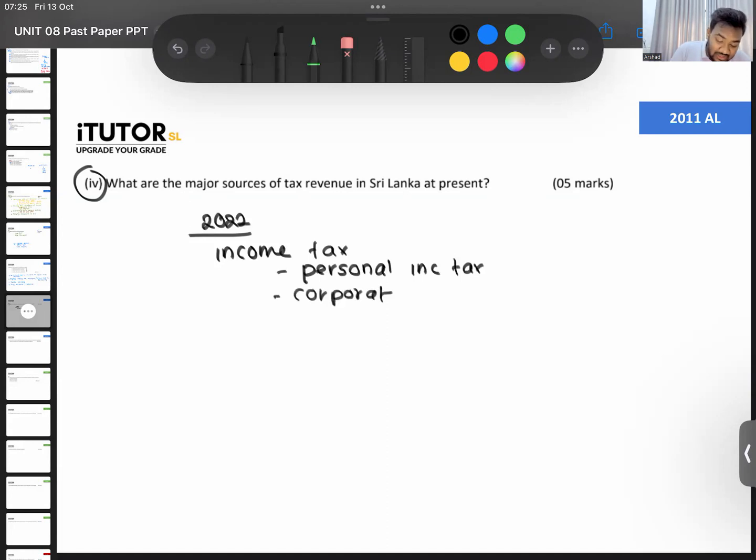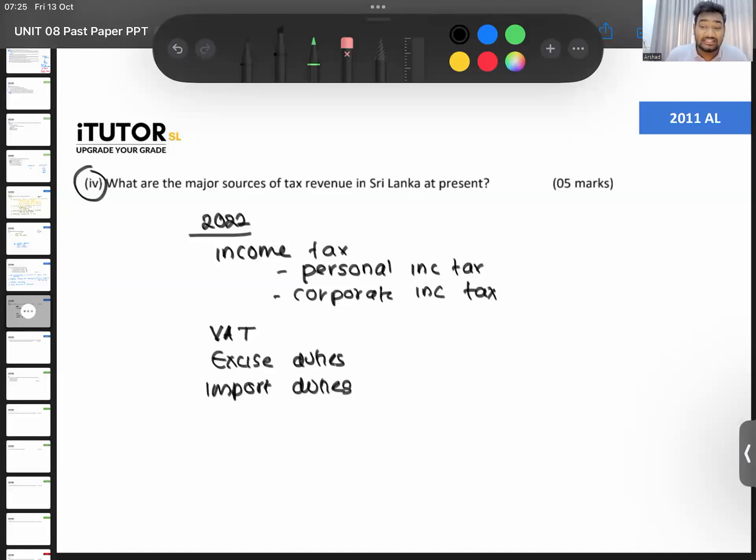Corporate income tax is on the corporate profits. Personal income tax is on your salary. You have value added taxes, excise duties, import duties. What else apart from this?